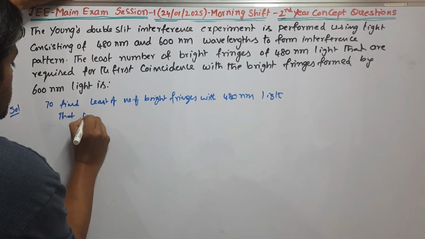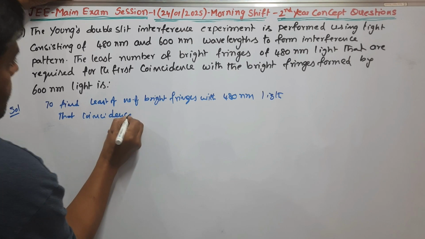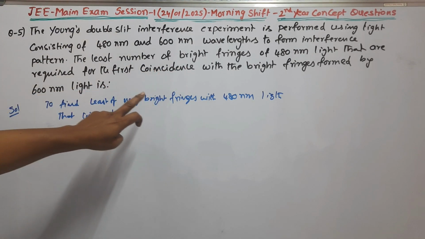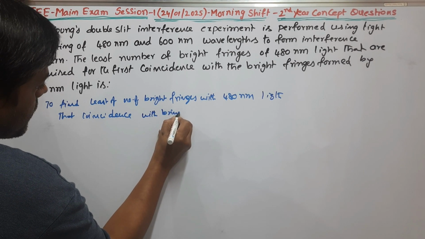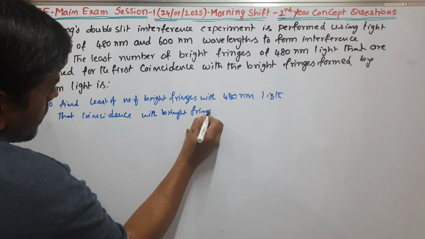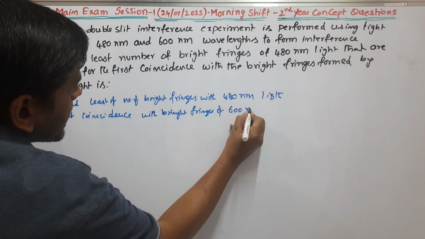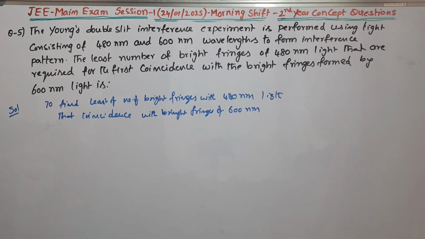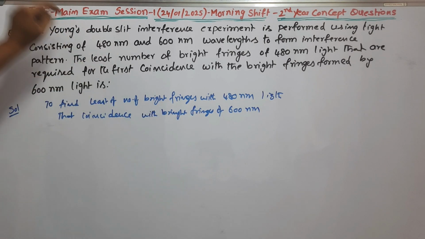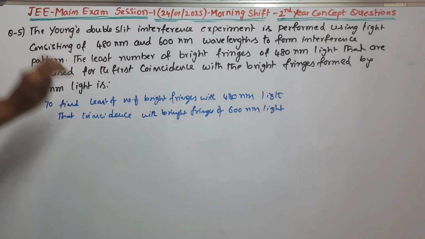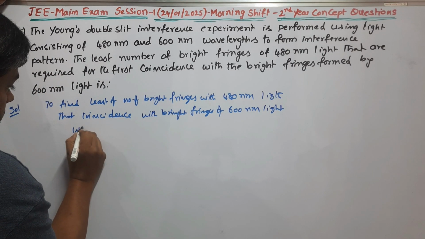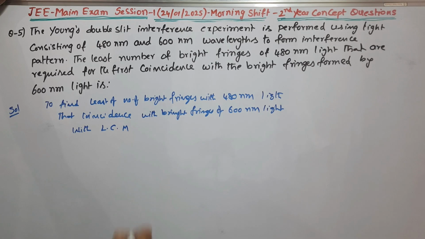That coincidence with the bright fringes of 600 nanometer wavelength light source. So we want to calculate which one is the coincidence. For the least coincidence, the LCM should be calculated.